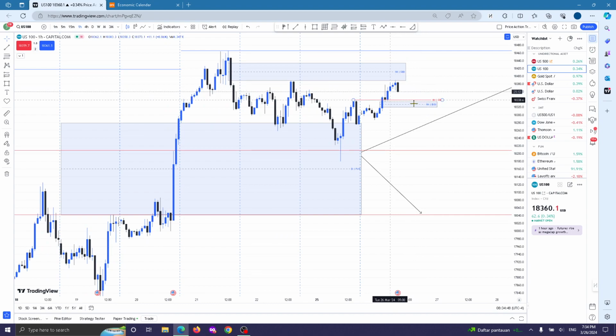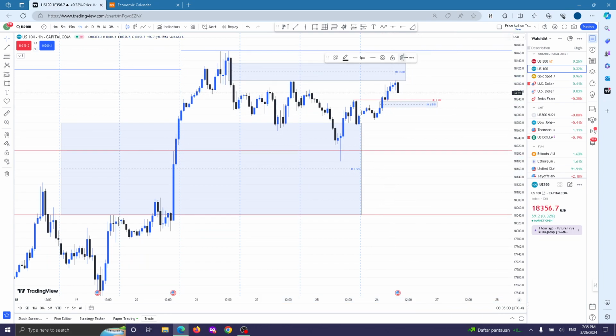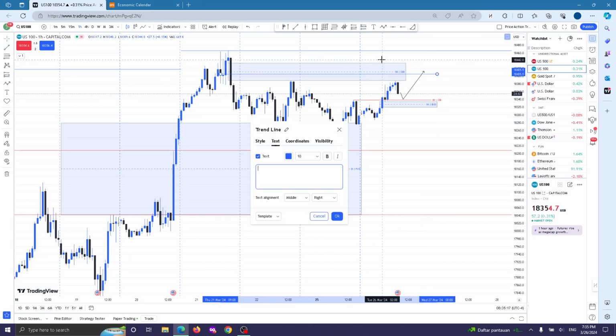I'm expecting price to fall into this 4-hour OB and then push price higher. Something like this. We got a breaker here. 1 hour breaker.